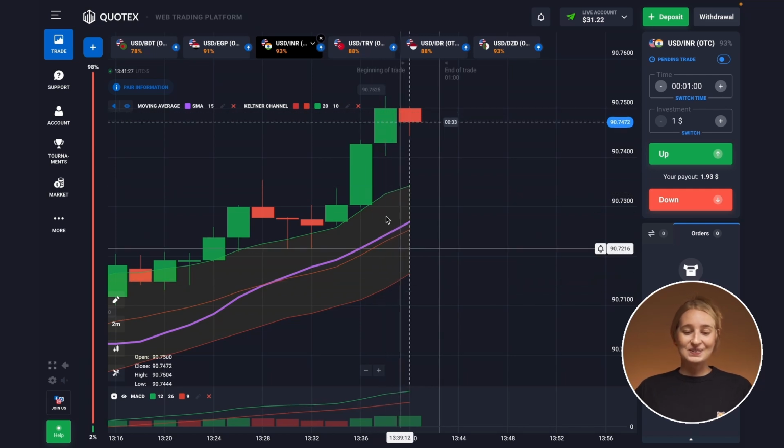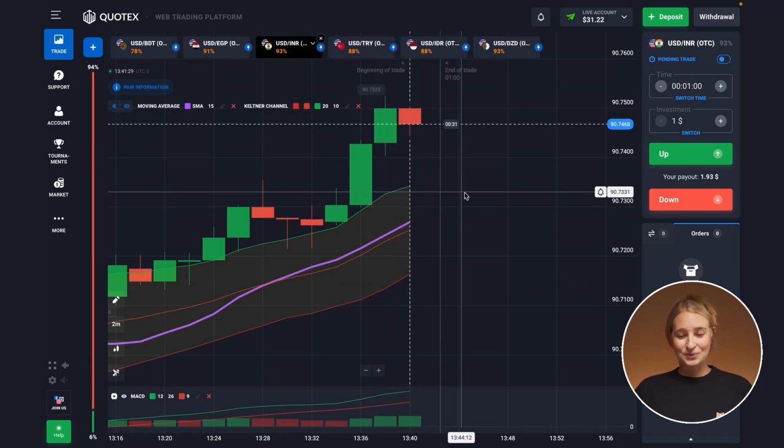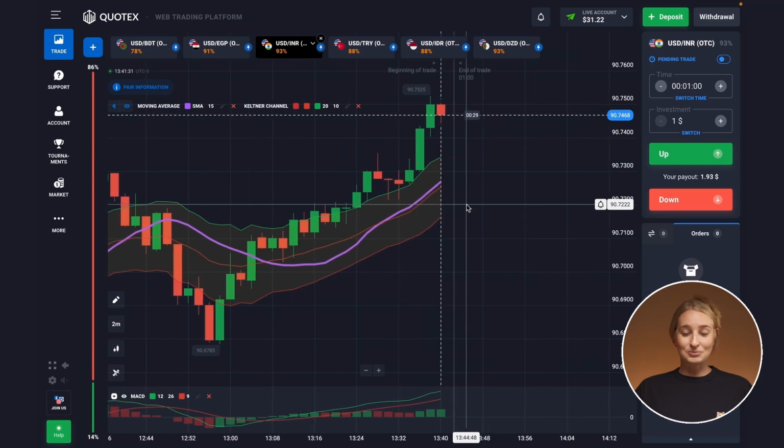So I think we were dealing with a reverse of the price, but I need to give this situation some time. So let's go to the next currency pair.